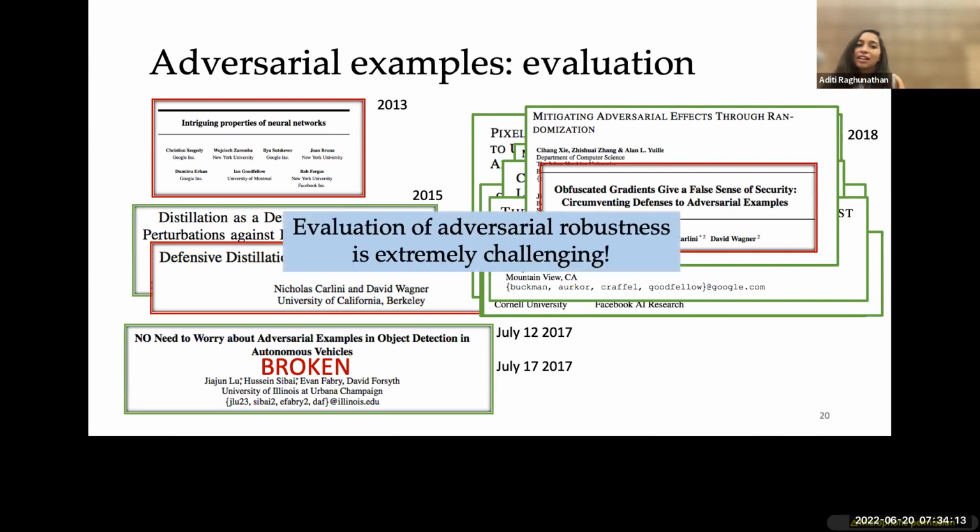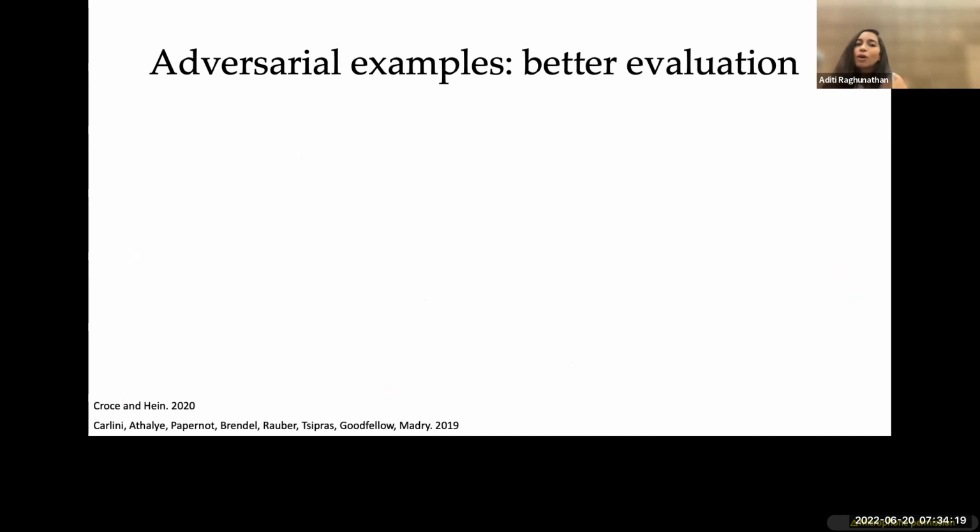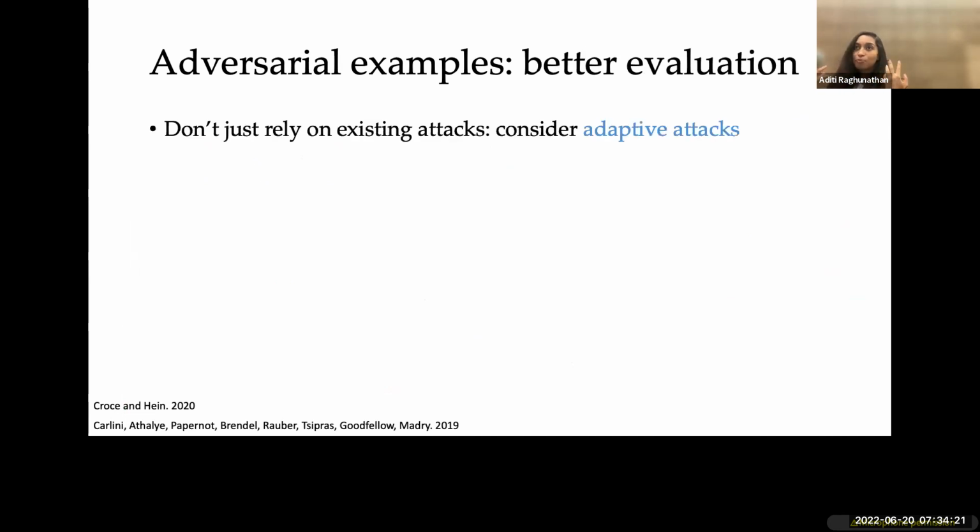So evaluation of robustness is indeed quite challenging. What could you do? There are some natural better practices, such as considering adaptive attacks. Don't just rely on whatever people have tried to break systems with; really go hard and try to break your new idea.